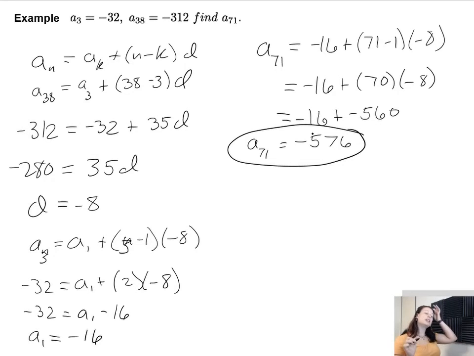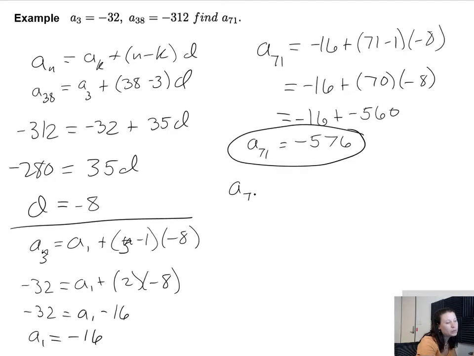Now, we could have done it a slightly different way. We could have said, okay, stop here, we know d, right? Well, then A of 71 is equal to, maybe use A3 or A38. Let's use A38 plus n minus k, well, that's 71 minus 38 times negative 8, right?